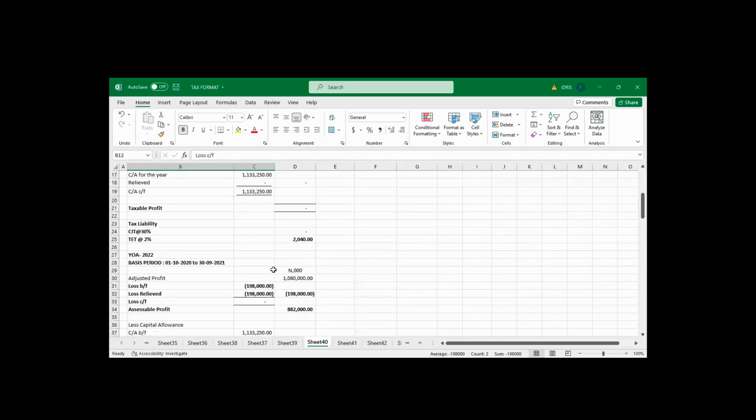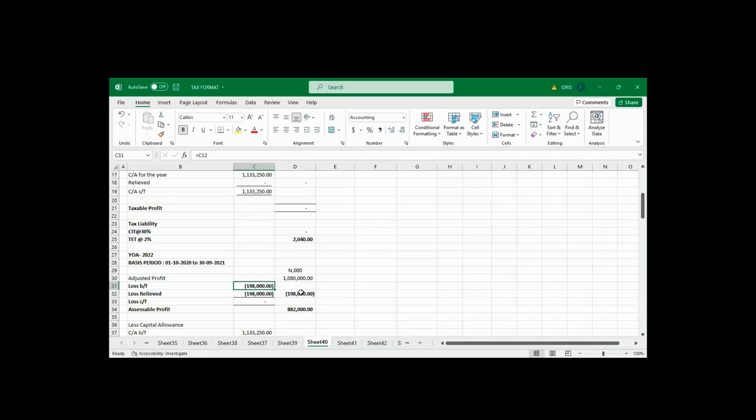So this loss is going to be the loss brought forward in 2022. How much are we going to relieve as loss? 198. We are going to relieve everything, yes, because the profit is more than the loss. We have enough profit, so there will not be loss carried forward.